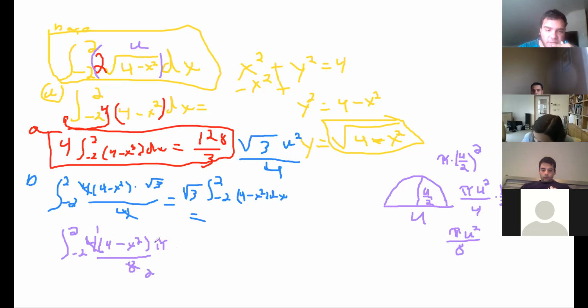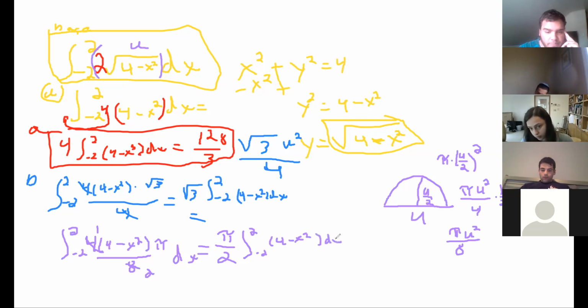Pi is a constant, so we can move that out. 2 is a constant, so we can move that out. So we're left with pi over 2 integral -2 to 2 of 4 minus x squared dx. I'm going to check the answer sheet if I set it up correctly. Seems like it did. Type in your calculator: 16 pi over 3 should be your answer.